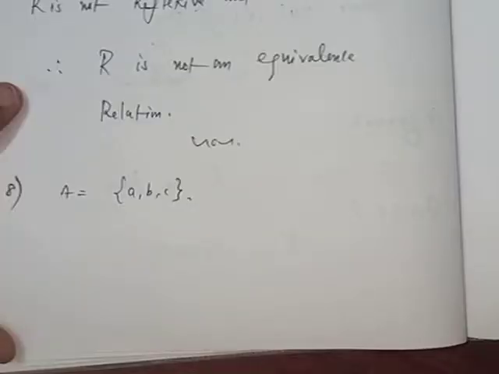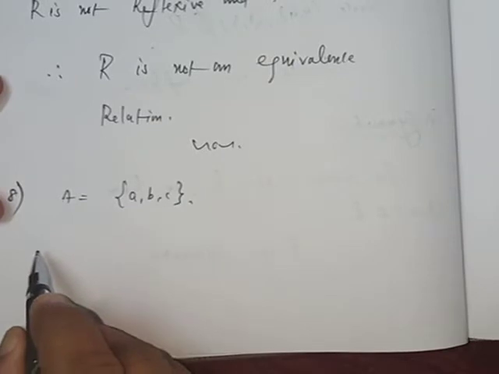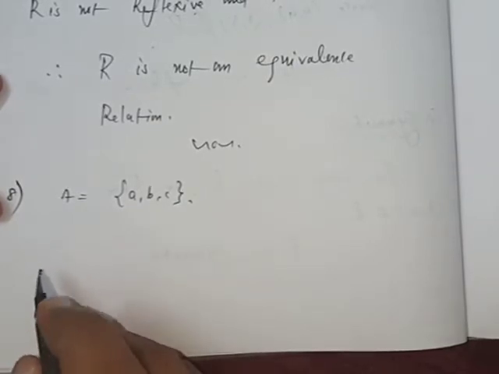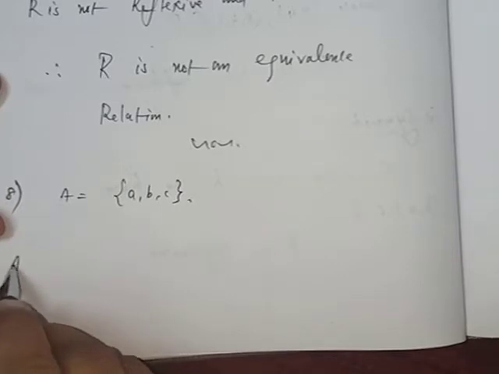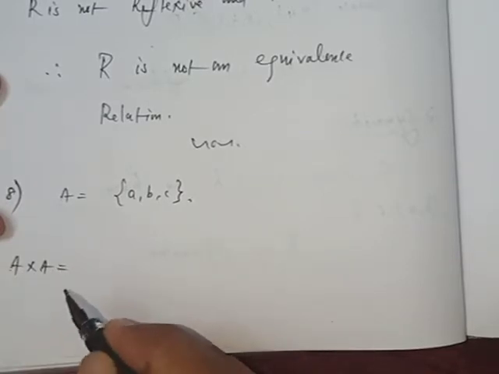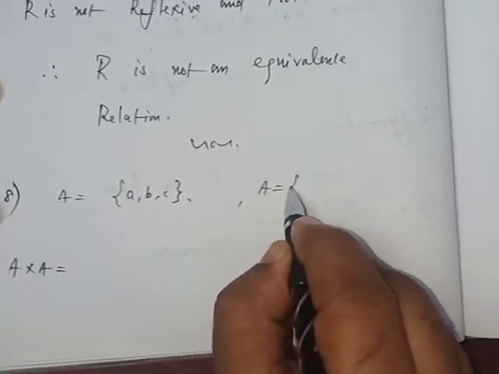Okay, here's the set A. For finding the smallest cardinality and the largest cardinality, first you have to find out A cross A. For finding A cross A, I am writing A once again, then only it will be easy for you.